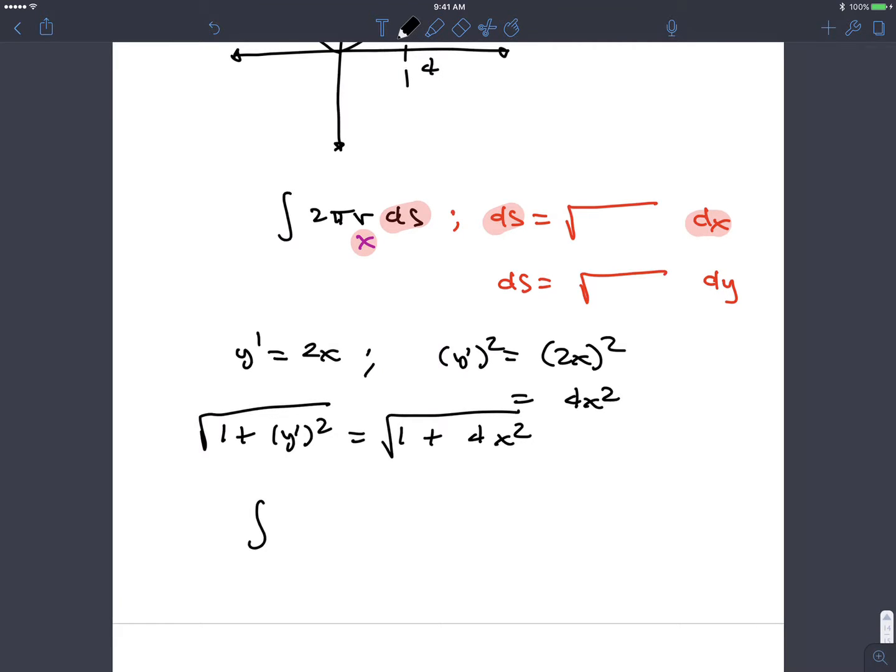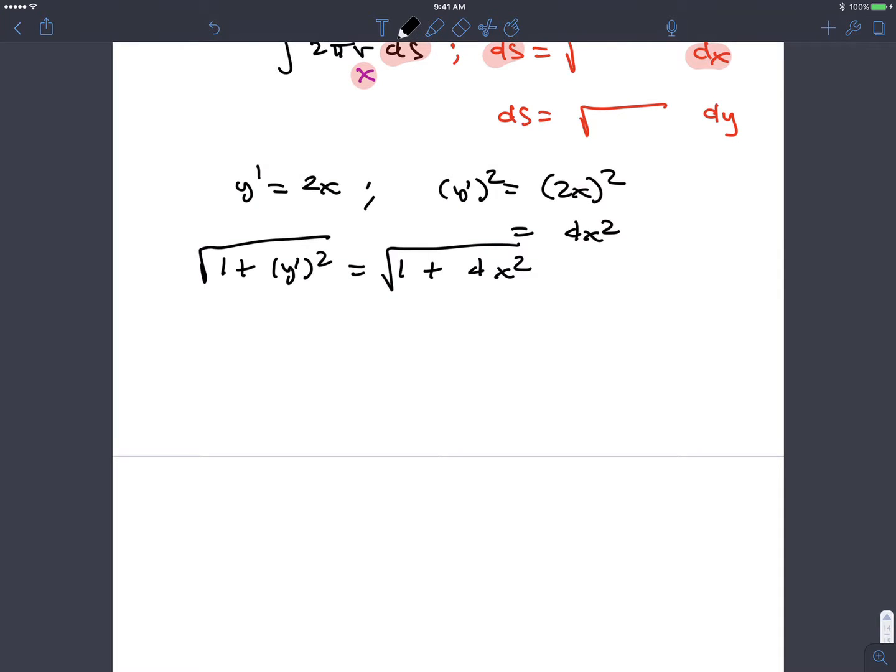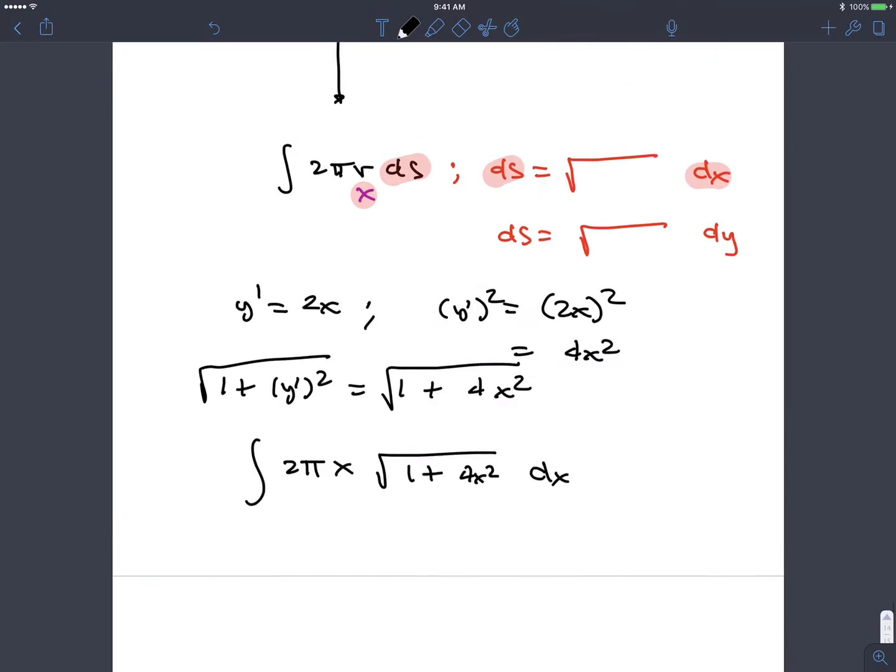You're going to end up with the integral being 2 pi x square root 1 plus 4x squared dx. That looks ugly. Let's clean it up: 2 pi x square root 1 plus 4x squared, and that's a nice dx there. And I guess we integrate from 0 to what?